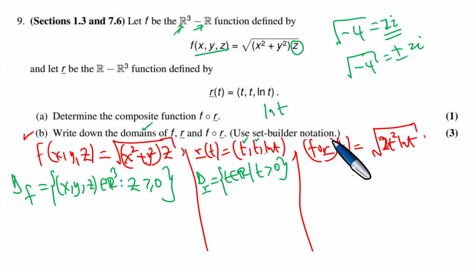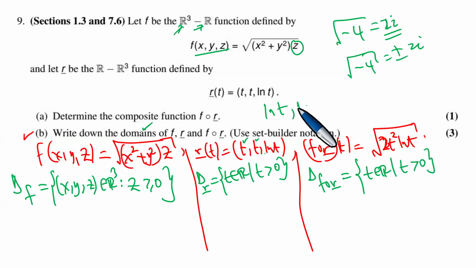Remember, we're just taking the domains. Here we have the domain of the composition of these two. This one depends on t, which is a real number. So if t is a real number, then here we're going to take t positive, because here we have ln t, the natural log.